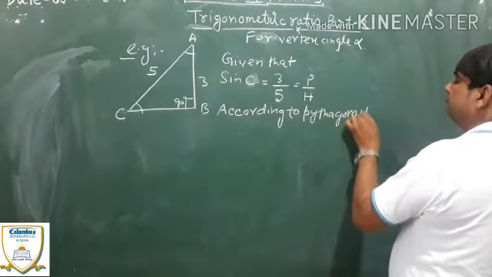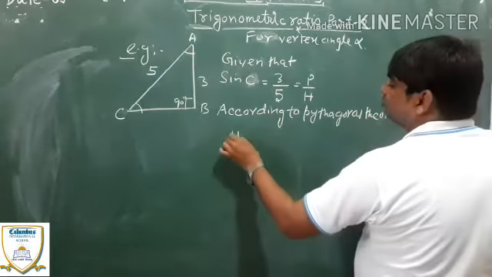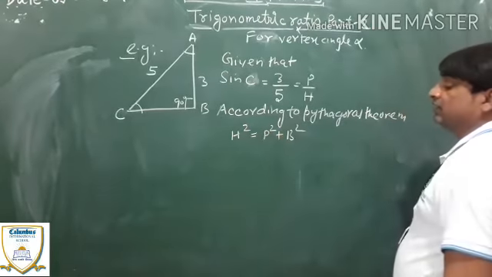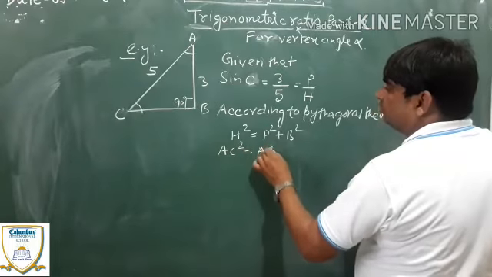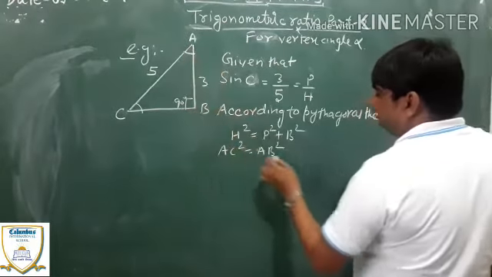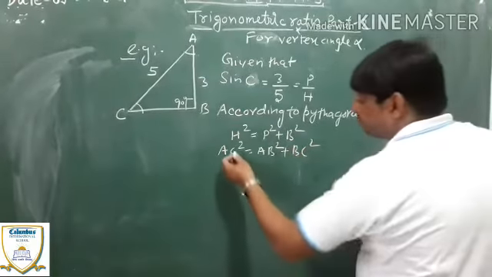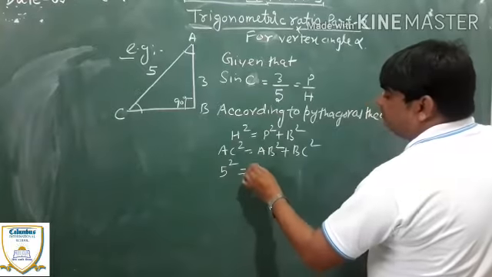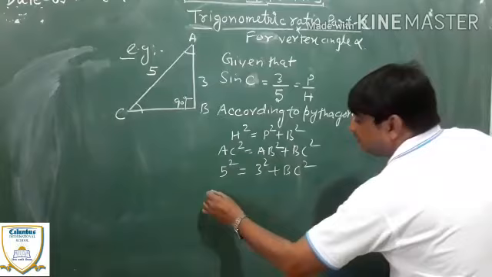H square is equal to p square plus b square. Means AC square is equal to AB square, the perpendicular, plus base BC square. AC square is 5 square and AB square is 3 square plus BC square.